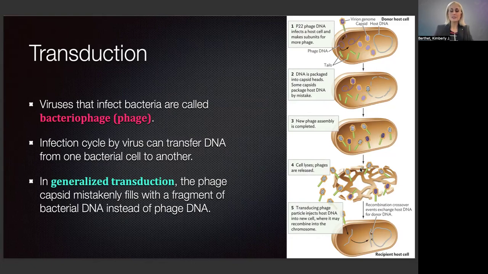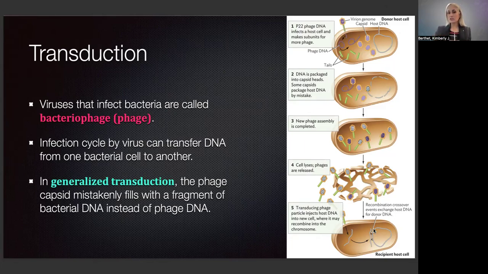So when this virus bursts out of the cell and goes on to infect other cells, if it's the purple one, it will repeat the process that we see here. If it ends up being the white one, which was the host DNA, this host DNA may have homologous regions where it can recombine with donor DNA. So here we see crossing over. If they're similar enough to one another, the genes can line up with one another and cross over.